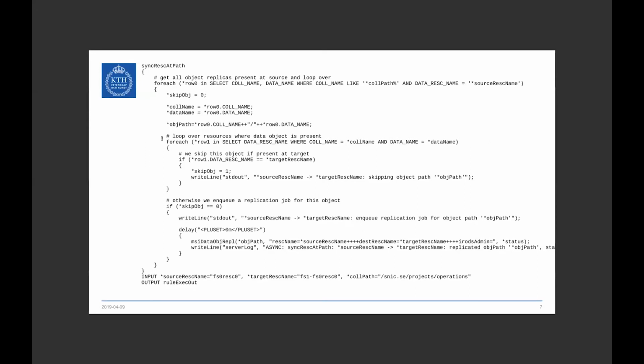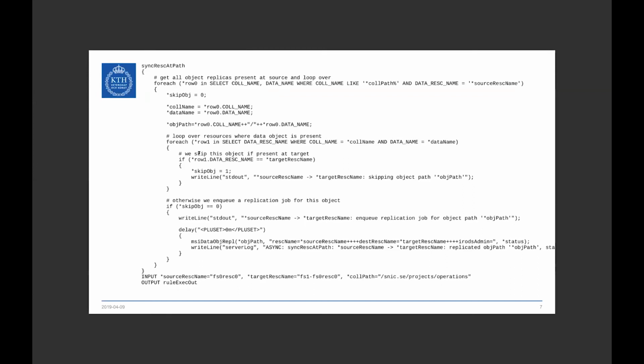So we basically want to check if this object is already present in the destination resource that we want to replicate it into, and we do another query. So this is quite heavy to run, because it basically has queries within queries and loops within loops. So it's not optimal, but it did the job very well.